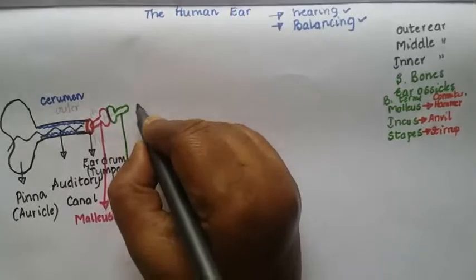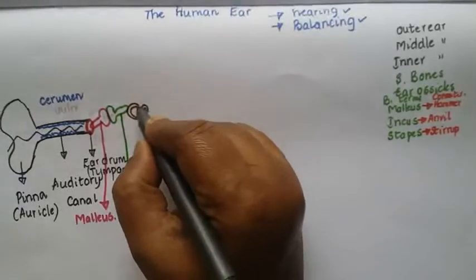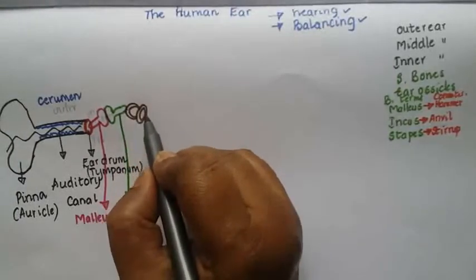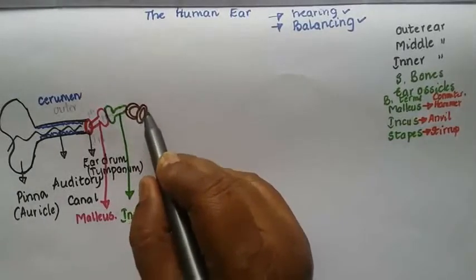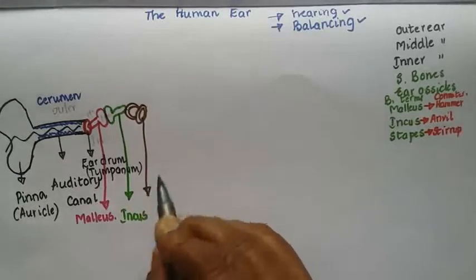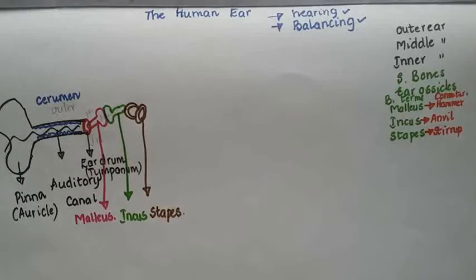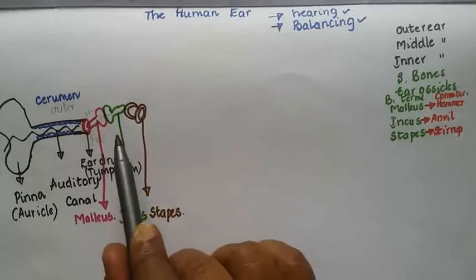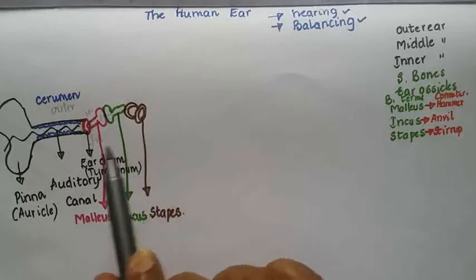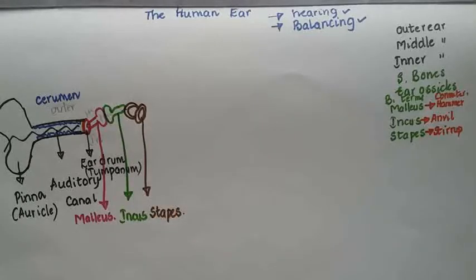And the third ear ossicle is known as the stapes, which has a head-like structure along with a base-like structure. The base is actually a flat part. So in the middle ear we find three ear ossicles known as Malleus, incus and stapes, which are attached to each other from one end to the other end.